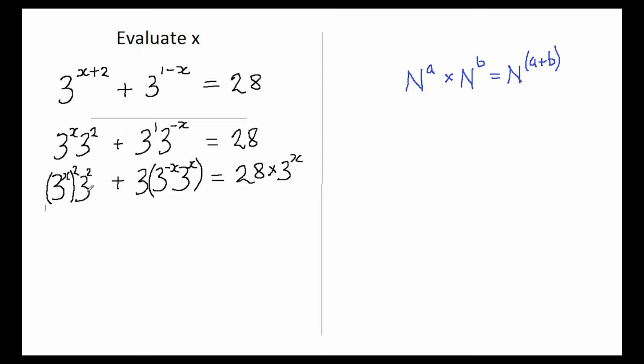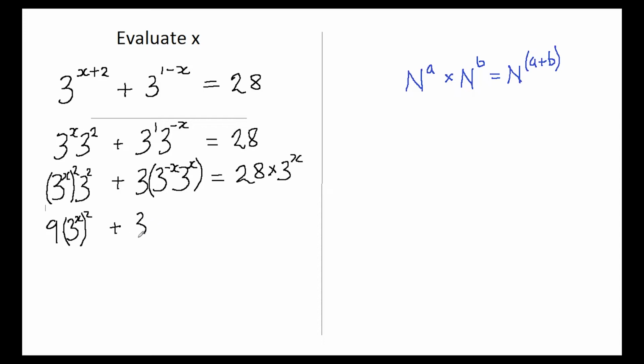Now let's do some sorting out. 3 squared is 9, so we have 9 times 3 to the x all squared.